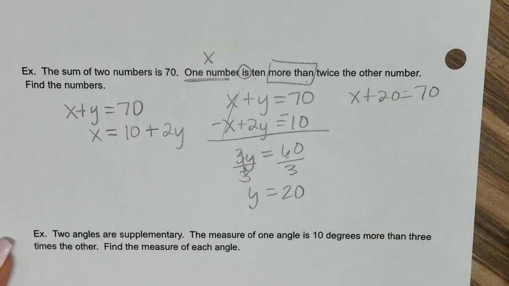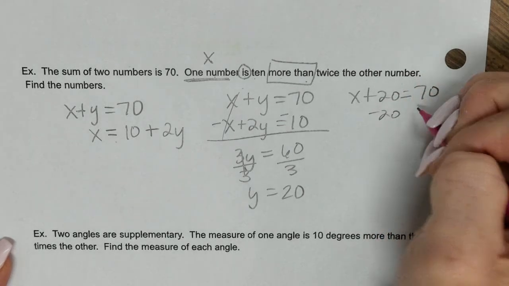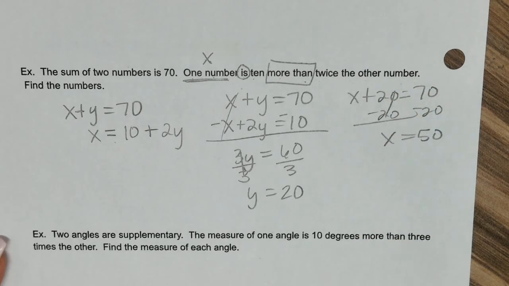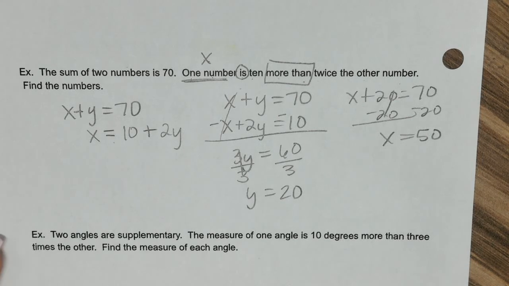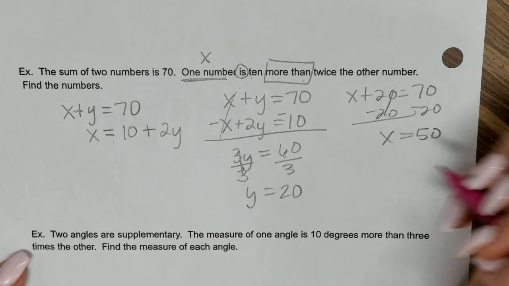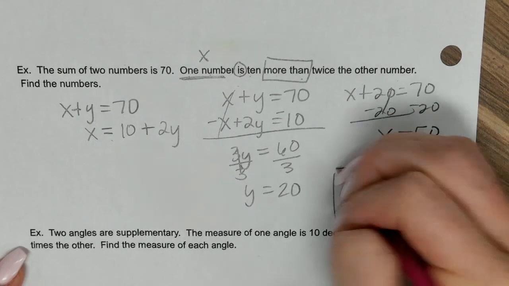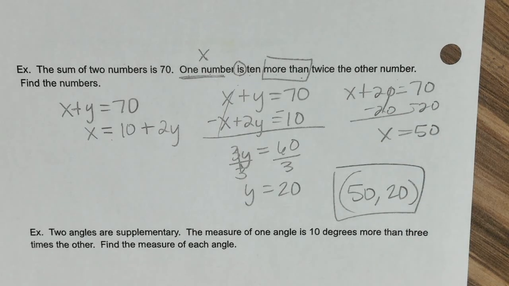So I'm going to subtract. So x is equal to 50. Write that as a coordinate. 50, comma 20.